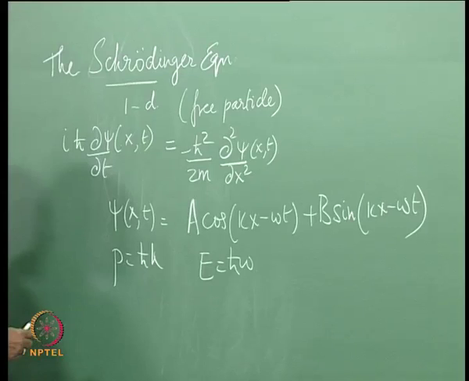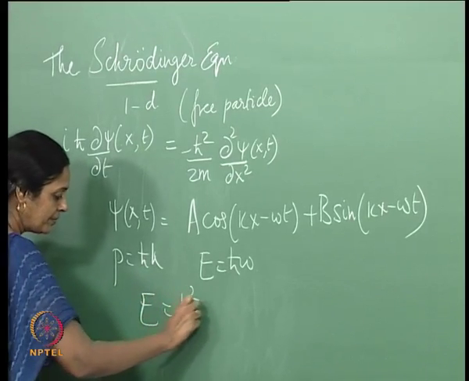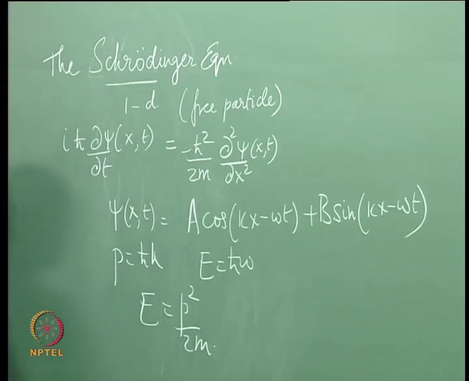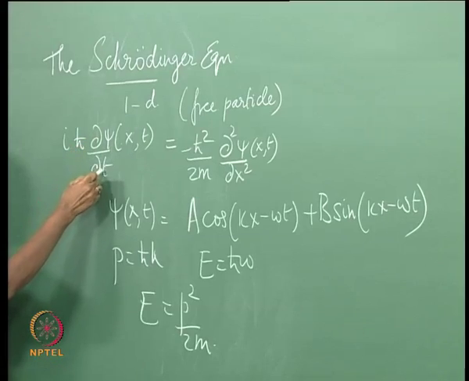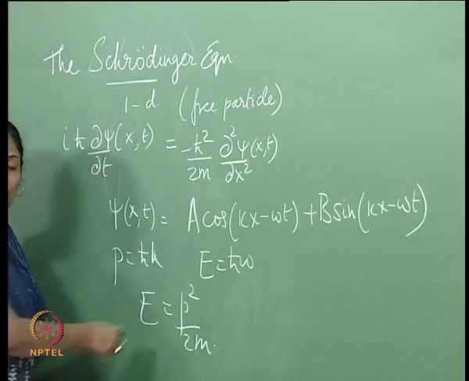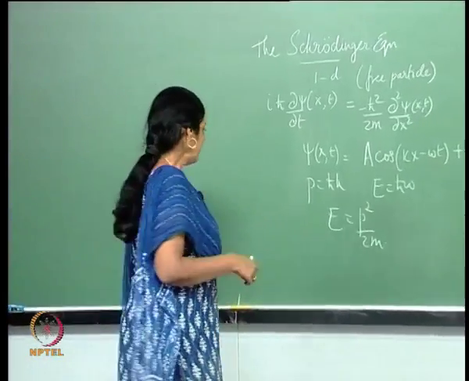Since in classical physics for a free particle we would have started with this equation, the analog in quantum mechanics is to replace E by the operator i h cross delta by delta t and p by the operator minus i h cross delta by delta x in one dimension.